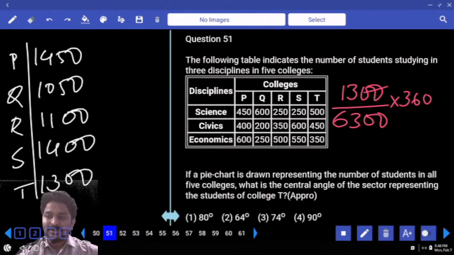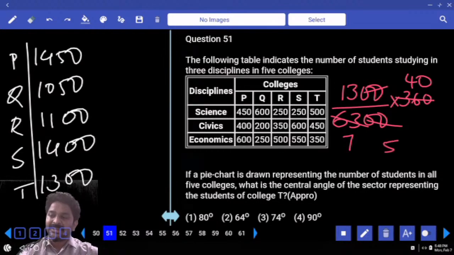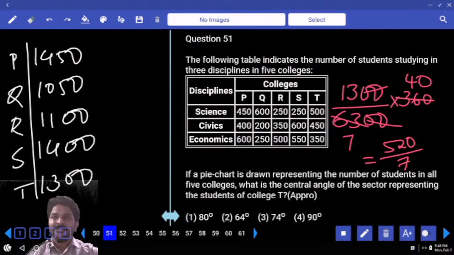That's all. 2 zeros cancel. 9, 7 times, 9, 40 times. So total it is 520 divided by 7. Correct? 7 7s 49. Still you have 30. 30 by 7 in the sense 4 times. Approximately 74 degrees.